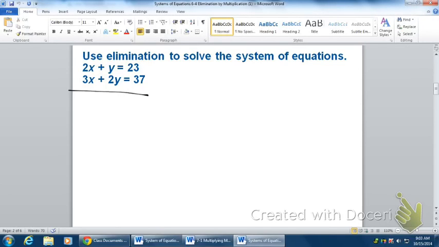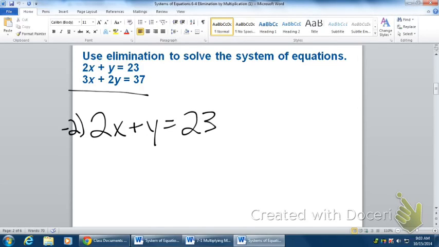If you look at that, if we multiplied that top equation by -2, let me rewrite that top equation. If we multiplied that top equation by -2, our y's would cancel.